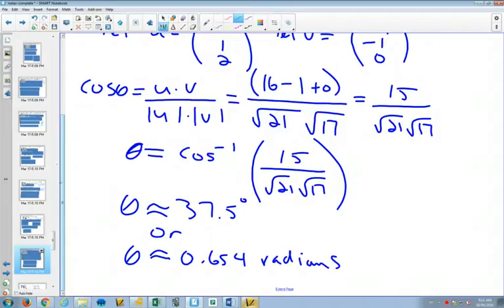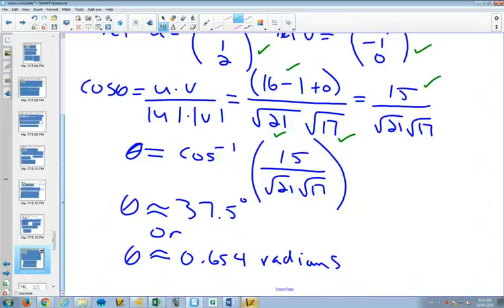So, how is this worth 7 marks? Well, first of all, you get 1 or 2 marks for choosing the right vectors in each one. Then you get 1 mark for showing your work of the dot product. 1 mark for getting the answer. 1 mark for each of the lengths.